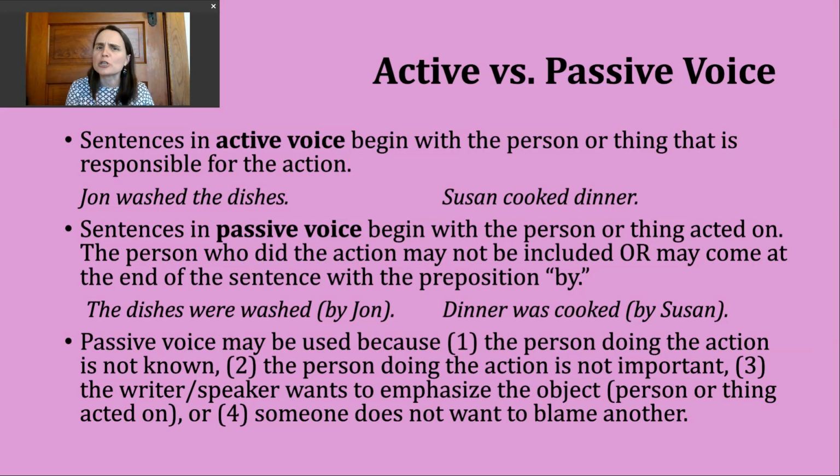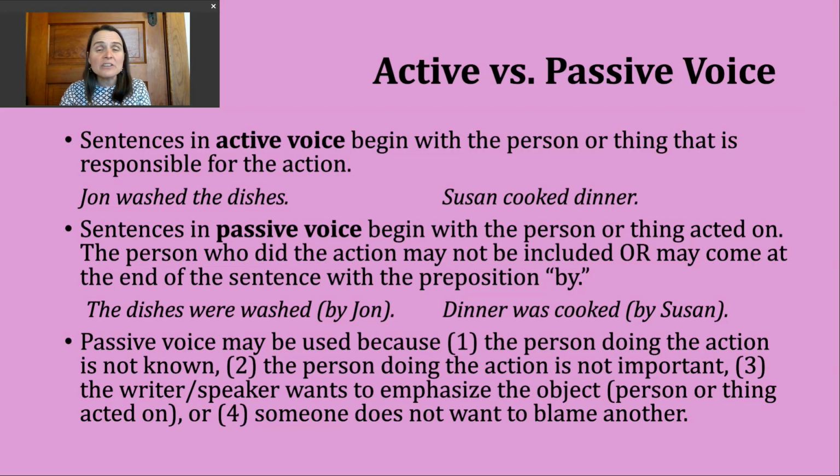It seems a little harsh to kind of point our fingers and say someone is responsible. So if we use the passive voice, we can avoid assigning blame. So we can just say, a mistake was made. That sentence is not indicating who is responsible for the action of making the mistake.